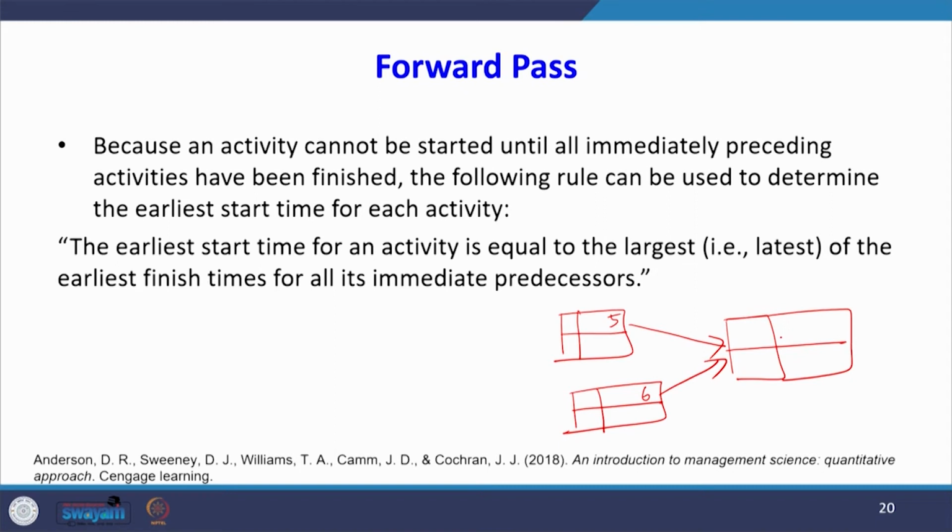Here the earliest start time is the larger of 5 and 6, which is 6. So, 6 is the earliest start time. The earliest start time for an activity is equal to the largest of the earliest finish times for all its immediate predecessors. There are 2 predecessors, so the largest of these earliest finish times is 6. So, this 6 should be the earliest start time for the succeeding activity. That is the meaning of this forward pass.